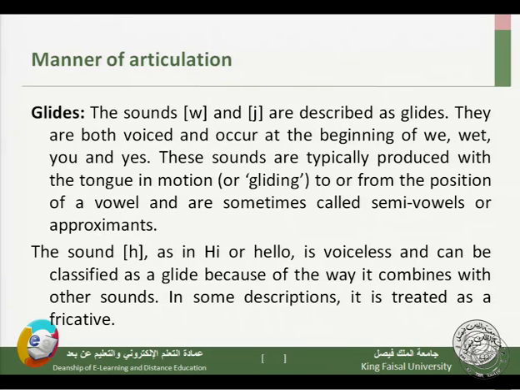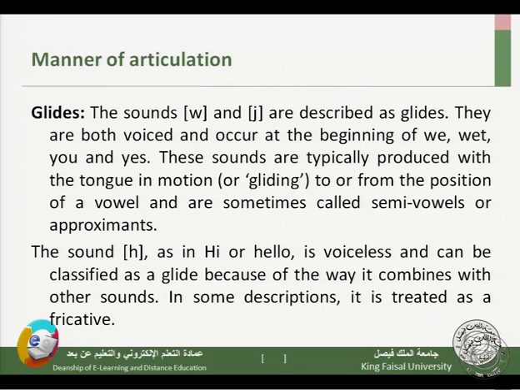Another way to produce sounds is called glides. Sounds like w and y are described as glides. They are both voiced and occur at the beginning of we, wet, you, yes.